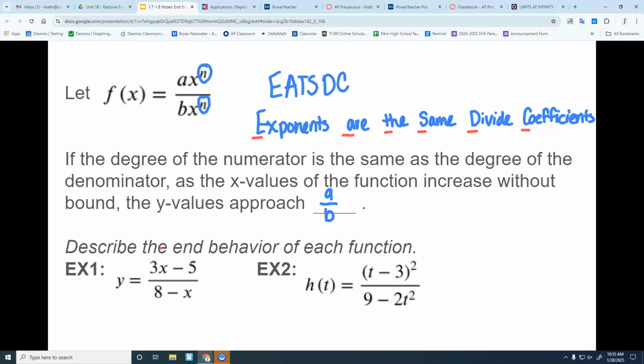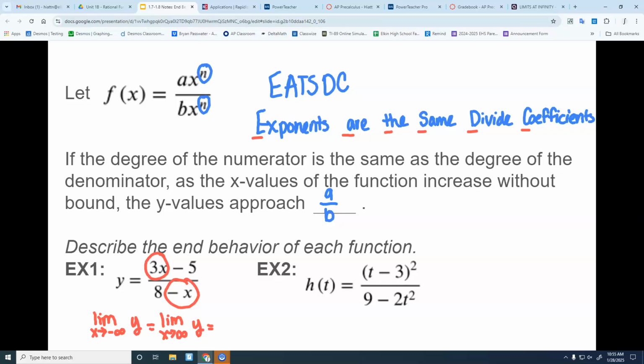So you just need to look at the highest degree term. So that would be this and this. If they match, if they are the same, then you are going to divide those coefficients. So I'm going to write it this way. The limit as x approaches negative infinity, I'm going to call it y because it's too long, equals the limit as x approaches infinity of y.